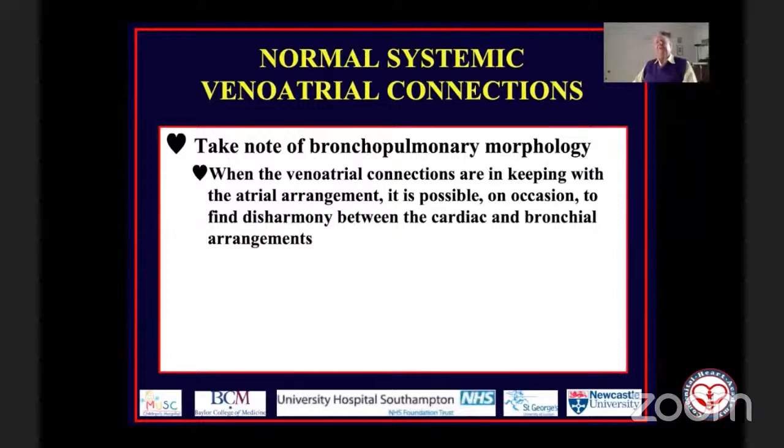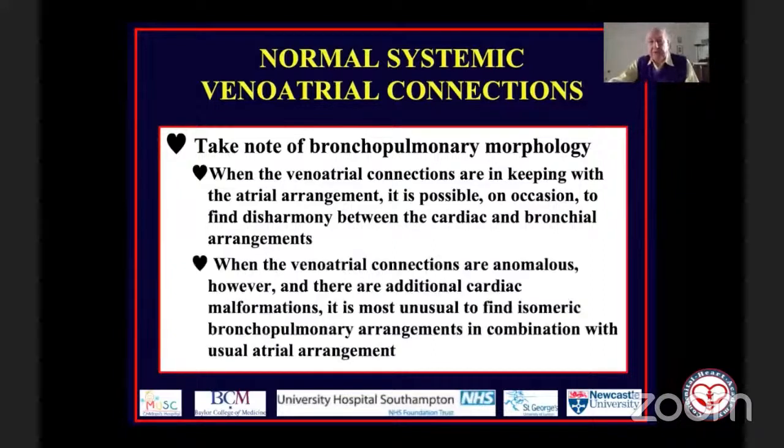Why is this important? Because on some occasions, when you have usual atrial arrangement and you have usual veno-atrial connections, you can still have disharmony between the cardiac arrangement and the bronchial arrangement. And we'll look at that in one specific subset.